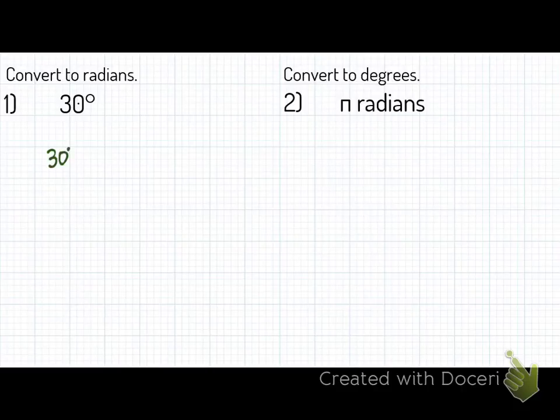So check this out. In order to convert this to radians, you take the original degrees, 30 degrees, times our fraction of pi over 180, okay? And then I make both of them a fraction. Then I ask myself, what can I simplify before I multiply? 30 and 1. Good. 30 divided by 30 is 1. Good.